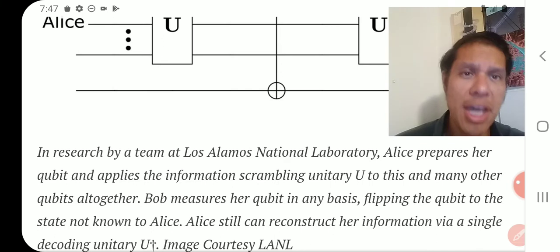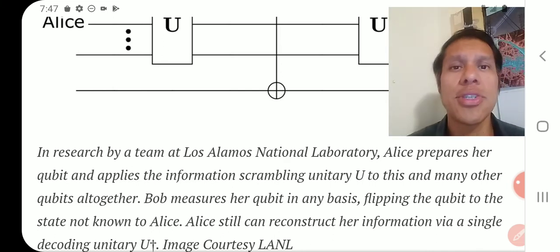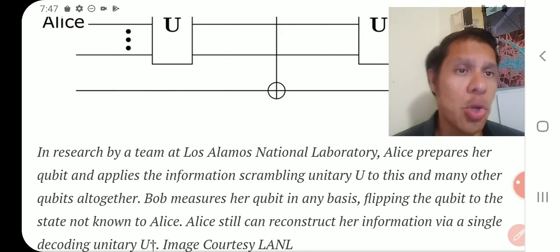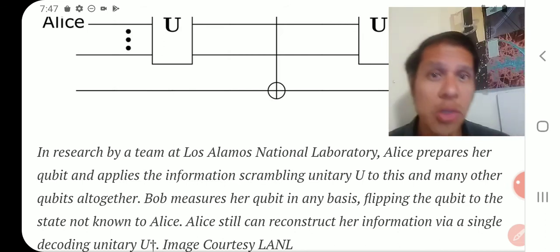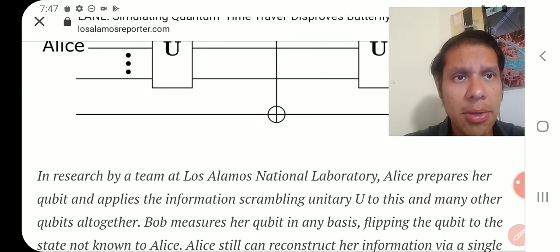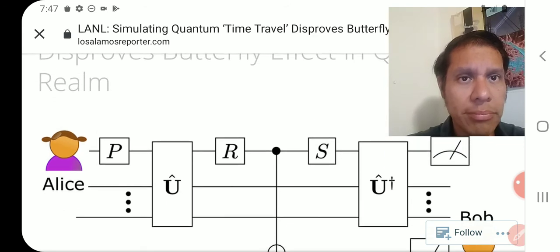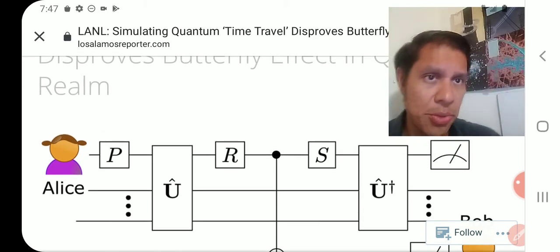Bob measures her qubits in any basis, flipping the qubits to the state not known to Alice. Alice still can reconstruct her information via a single decoding unitary matrix U dagger. That is very clearly stated right in that little abstract.